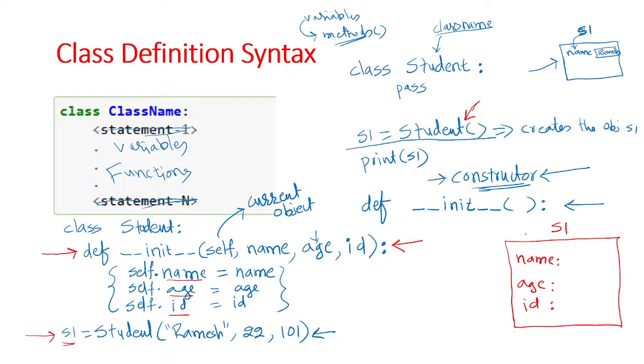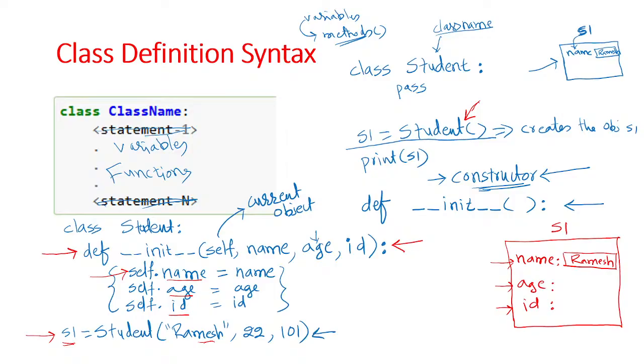For this object, it is trying to assign the values for these three attributes: name, age, and id. When it executes these statements, self.name is nothing but s1.name; internally Python resolves it like s1.name. So s1.name equals name. What does this name represent? The name Ramesh, so Ramesh will be stored for this attribute.